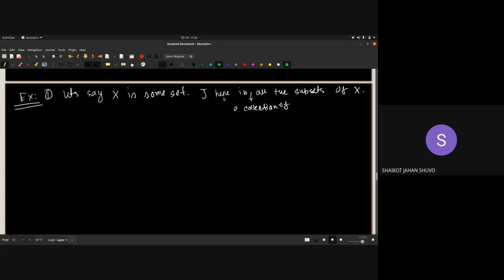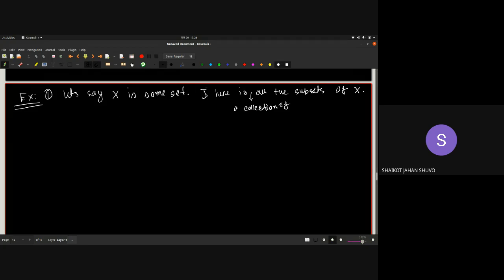It's pretty easy to see, because you can first say that I don't have any idea what X is, so how can I determine the subsets? Let's not talk about power sets, let's just stick to subsets.